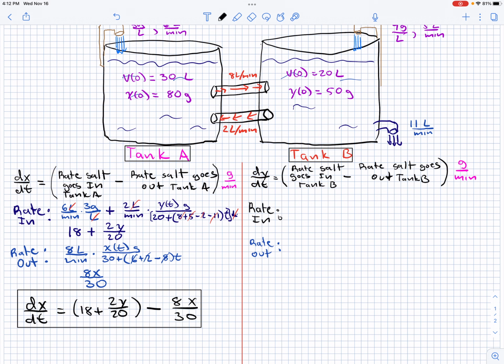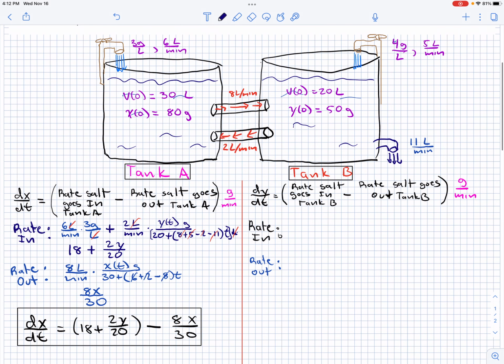So similar thing, nothing new, we gotta look at the rate going in tank B, and we know, let me scroll up, we could see things are going at 5 liters per minute times the 4 grams per liter of the solution. The liters cancel out, we're in grams per minute, which we want, plus other stuff going in, which we can see at 8 liters per minute.